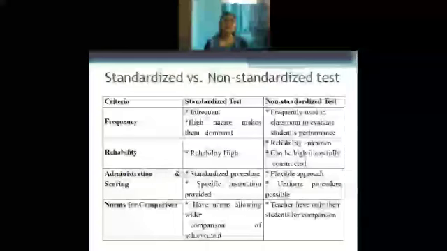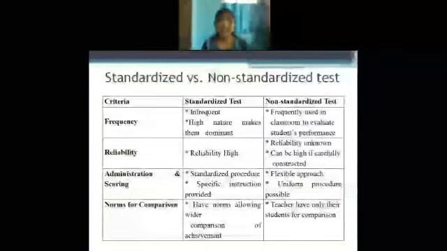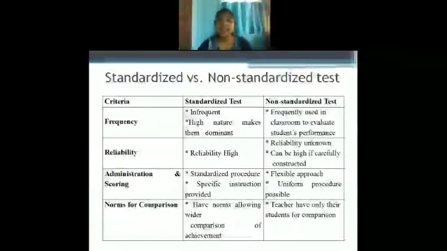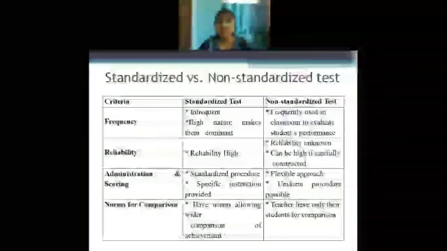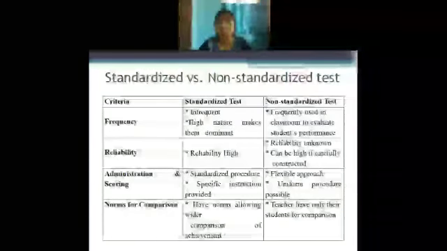Next, what is the difference between standardized and non-standardized tests? Let's see. Frequency. A standardized test is infrequent. We do not use this frequently. However, non-standardized tests are used frequently in classrooms, in colleges, in schools, everywhere to evaluate the students' performance.